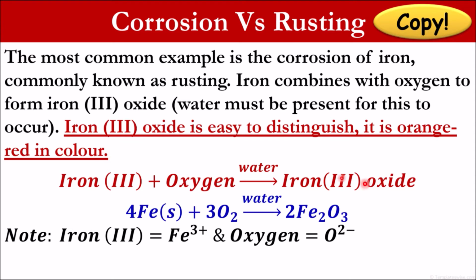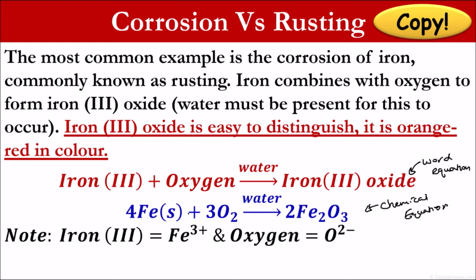This is the formula to represent the reaction, and you can see the chemical equation in the center here, and up here is our word equation. You can see the difference already between the two and why we want to write chemical equations, because it tells us the ratio of atoms required for this reaction to occur.